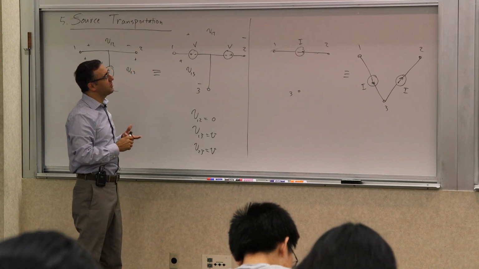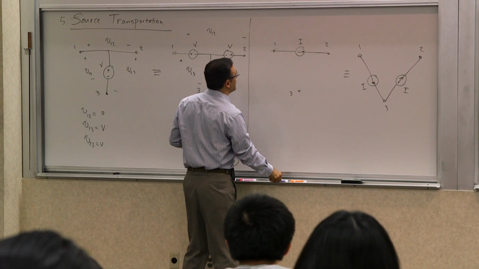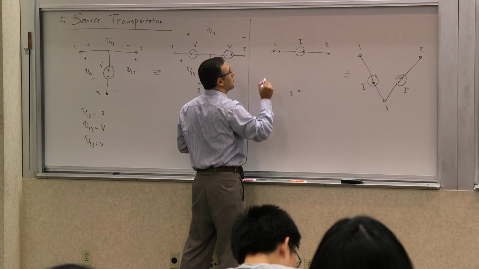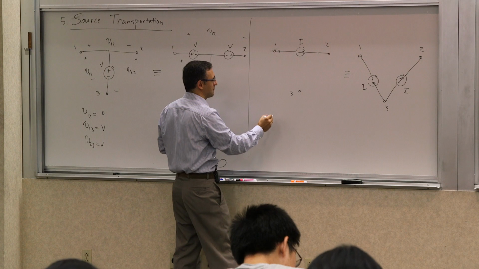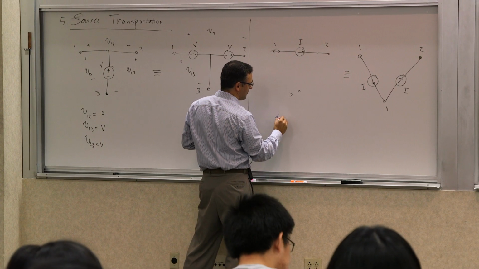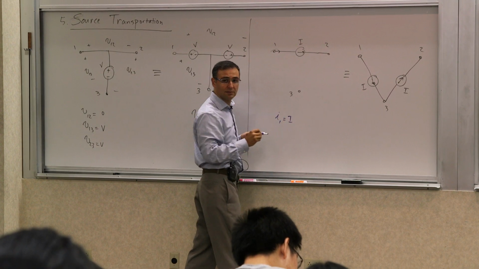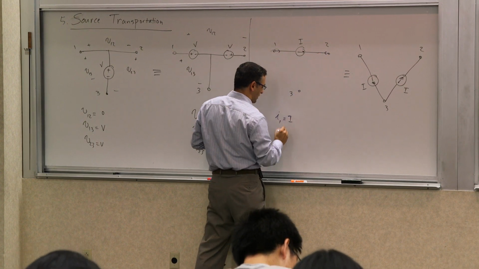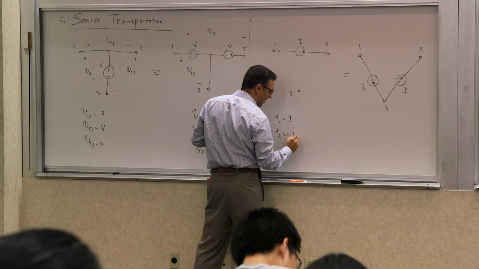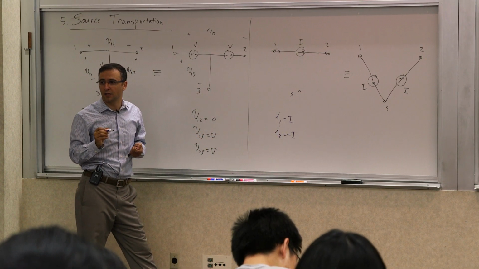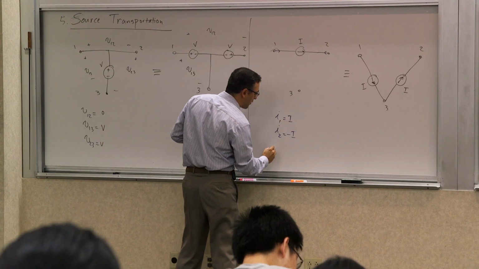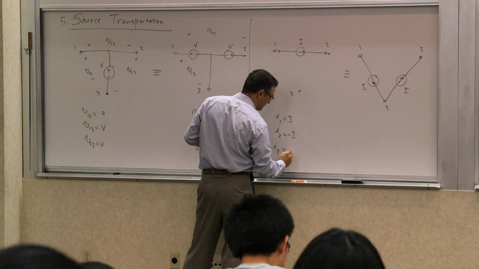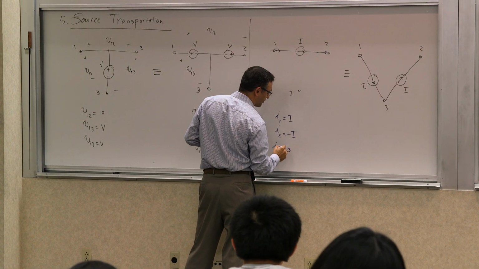Which again, you can see by looking at the total current that's drawn out of each node. So what is the total current that leaves node 1 in this case? I1 is capital I, right? The total current that leaves node 2 is negative capital I, right? And the total current that leaves node 3 due to this circuit is 0, right?